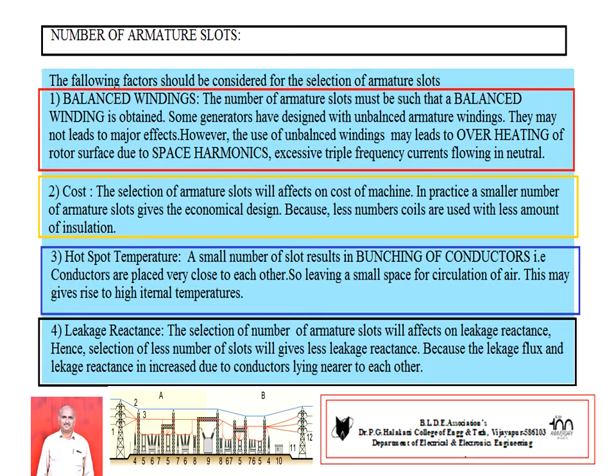So if our aim is to design lower leakage reactance and better performance, then we have to use fewer slots. Because leakage flux and leakage reactance are increased when conductors are lying near to each other, which occurs if we are using a larger number of slots.